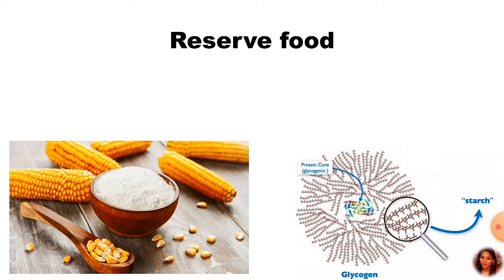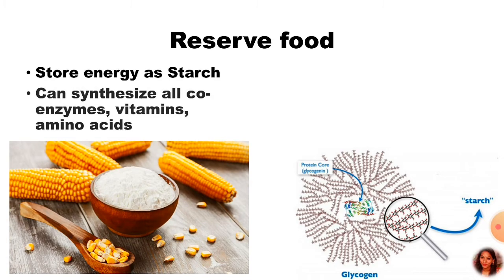Now about other functions in plant and animal cells. They reserve food for future purposes. But in which form? In case of plants, they store energy as starch, and they can synthesize all coenzymes, vitamins and amino acids. But what differs in animals? They store energy as glycogen.